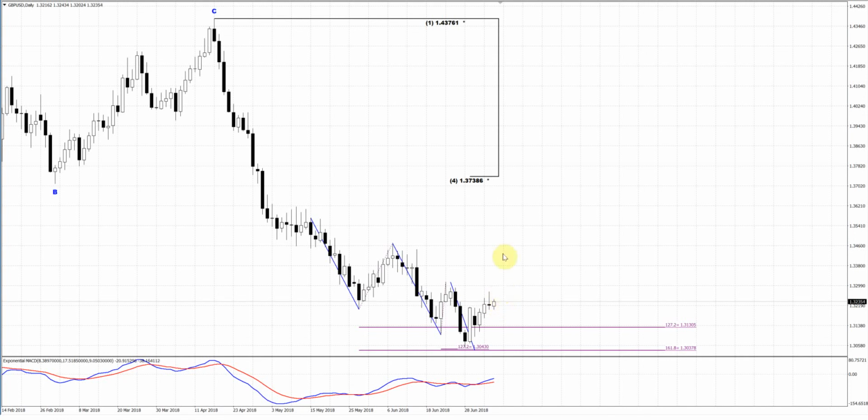Maybe there will be some upward acceleration if the data is poor, or maybe vice versa. But we should be ready for that. And if you have taken the long position with this three drive, it's time to manage your position. So at least move your stop to break even, and you could even think about taking half of your profit on this trade and keeping the rest for a possible further upward continuation.